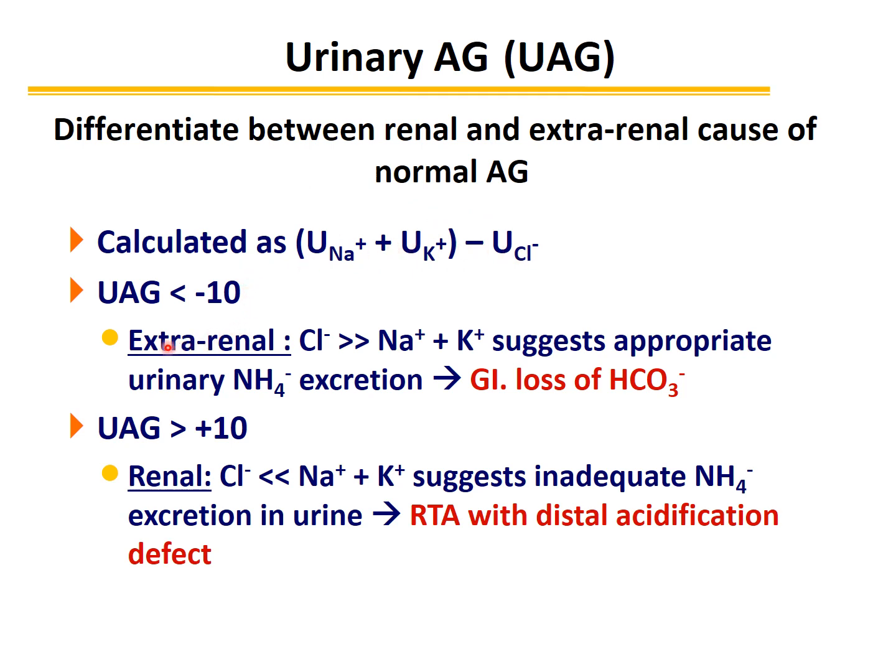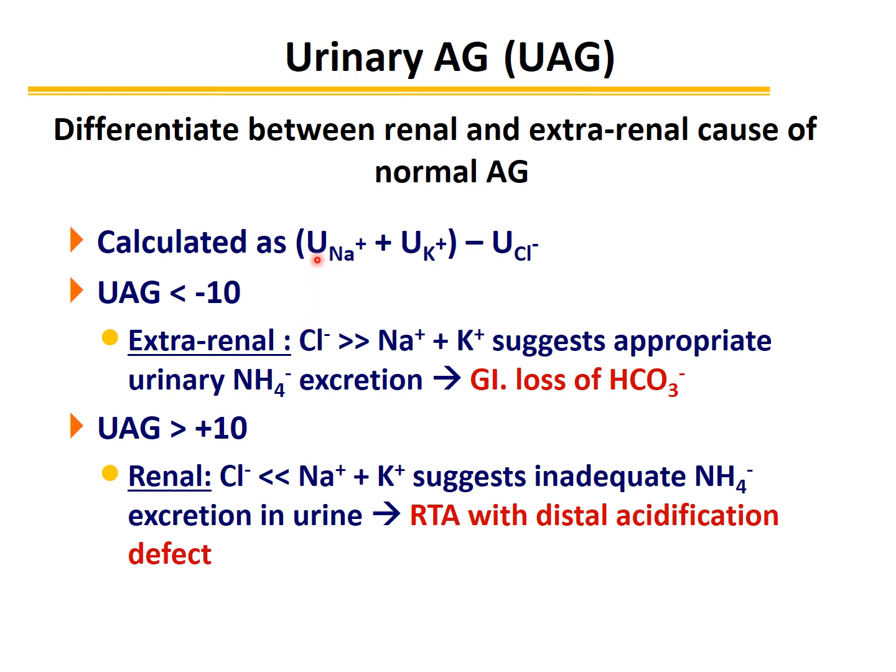Now, what will happen when we have normal kidney function and an extrarenal cause of non-anion gap acidosis, such as GI loss, or, for example, a wound fistula? In this case, the kidney, the distal tubule, is going to produce more and more ammonium.